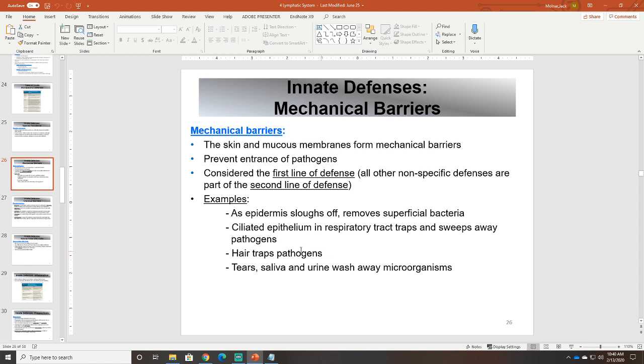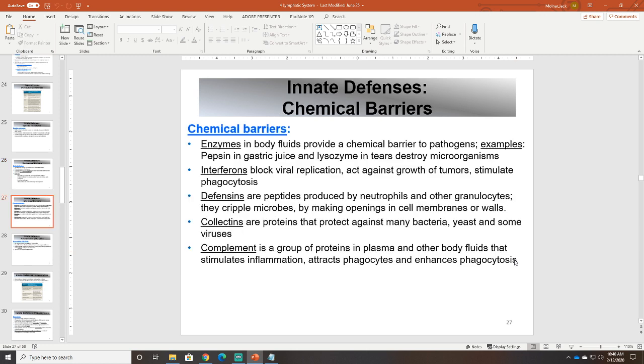Hairs in the nose help trap pathogens, help keep them from reaching the respiratory tract. And then tears, saliva, and urine will all wash away microorganisms. Saliva actually contains some compounds which are antibacterial. Obviously, you still need to brush your teeth.